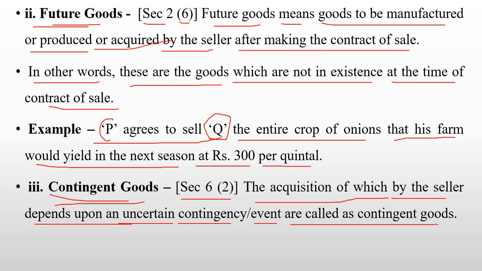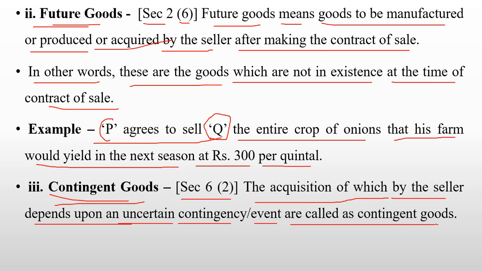And if there is no cyclone, then I can give you 1000 fish. So now here the contingent goods, the fish, are future. After 5 days means it becomes future. But along with that 5 days, there is one condition which the fisherman has kept.